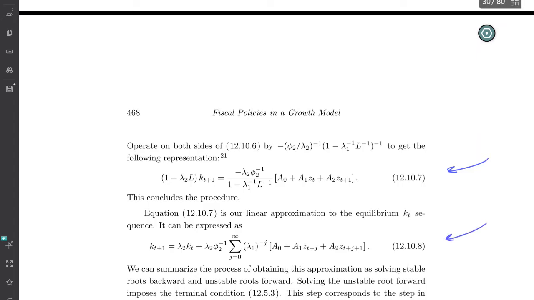This says that capital this period is equal to lambda 2, and lambda 2 is going to be a number that's between 0 and 1. Why? Well, you can read a little bit about that. And lambda 1 is going to be another number that's between 0 and 1. That came from this factorization.